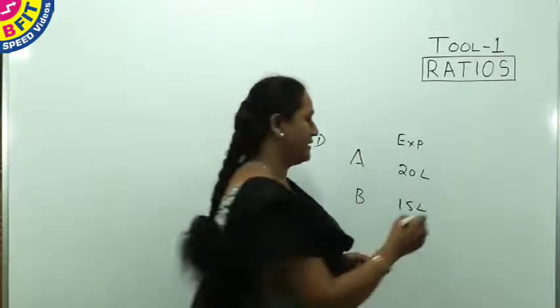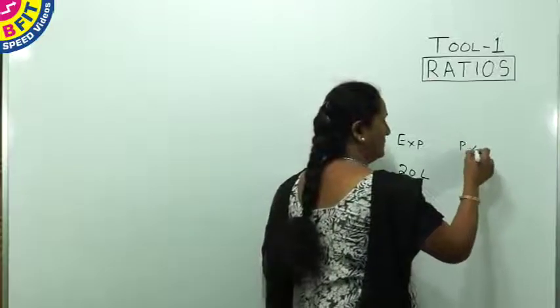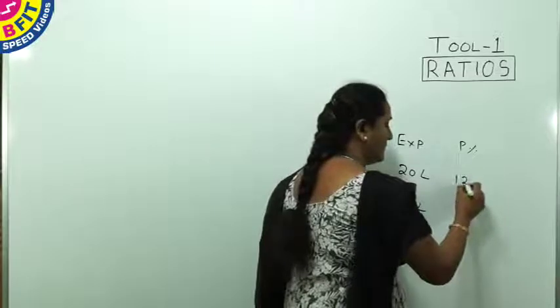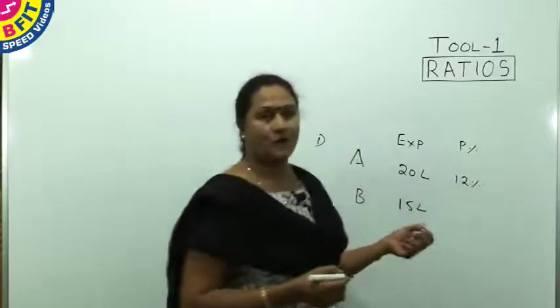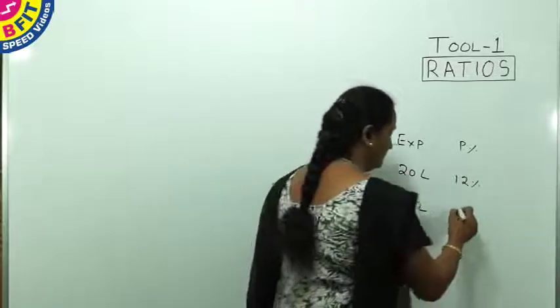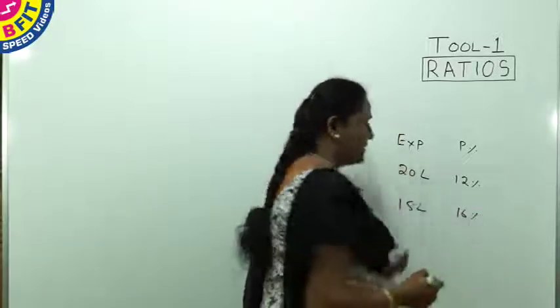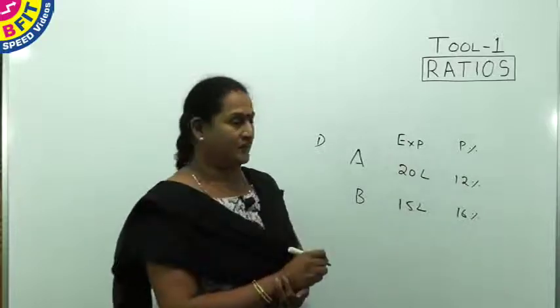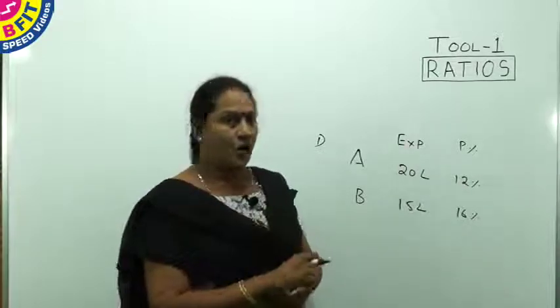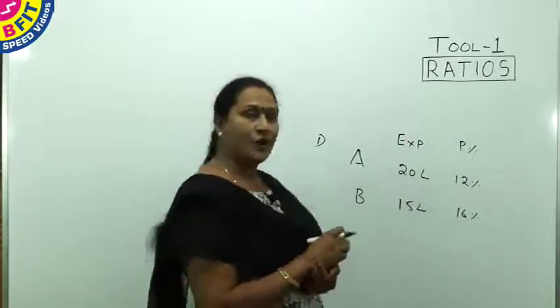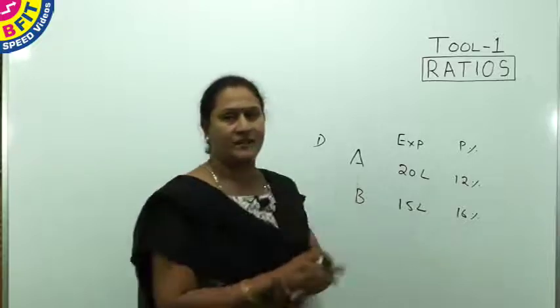And profit percent: for company A it is 12% on its expense, and for B it is 16% on its expenditure. Now the question is, what is the ratio of profit of company A on its expenditure and profit of company B on its expenditure?